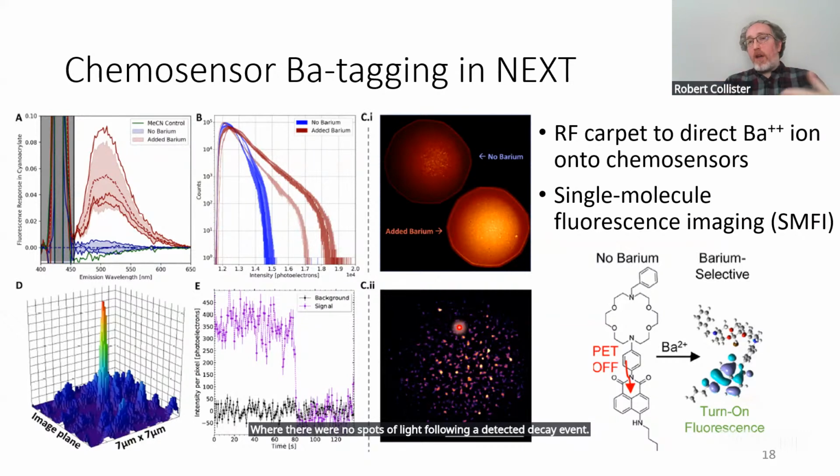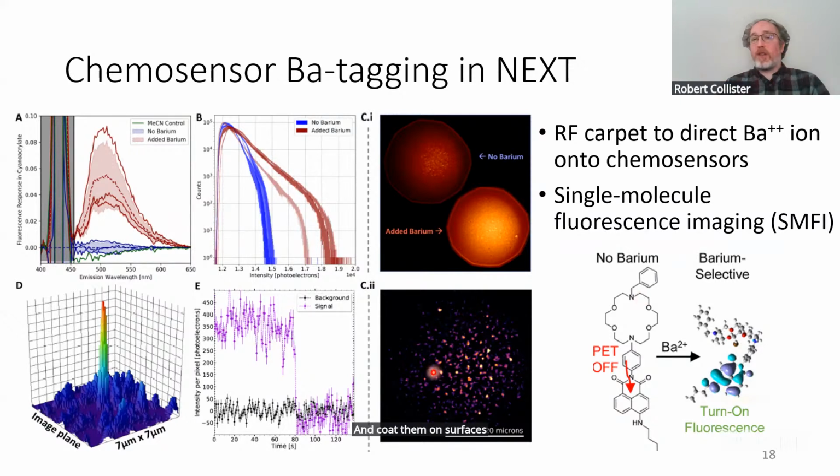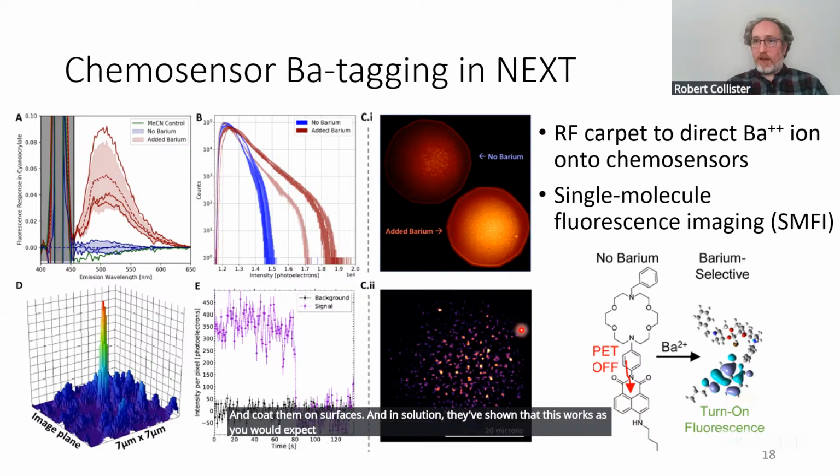That way, when you see light, you know that a barium drifted to that location. They're working on this, and they've made some good progress in designing these particular molecules and coating them on surfaces. In solution, they've shown that this works as you would expect. And so they're working on doing this in something more like the conditions that will exist inside their gas TPC.